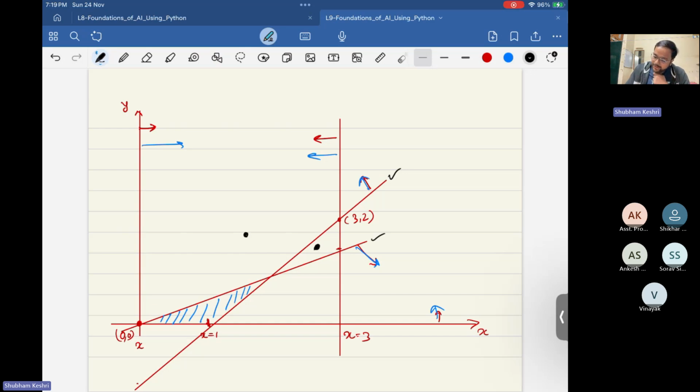If you come to this region, this constraint is not getting satisfied. So the only region where all the constraints are getting satisfied is the region I have marked using blue hashed lines, and this region is known as the feasible region. Is that all right? Feasible region. Any questions?